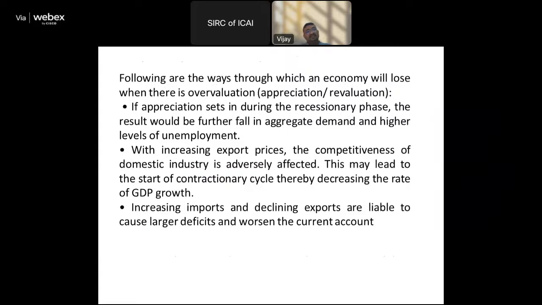With increasing export prices, the competitiveness of domestic industry is adversely affected. So increasing imports and declining exports are liable to cause a larger deficit.